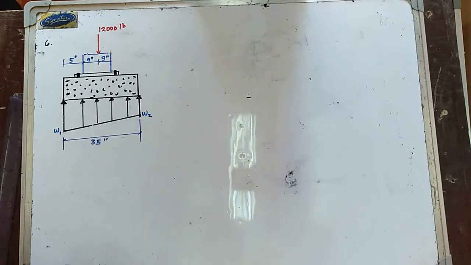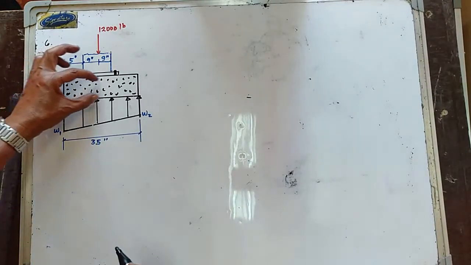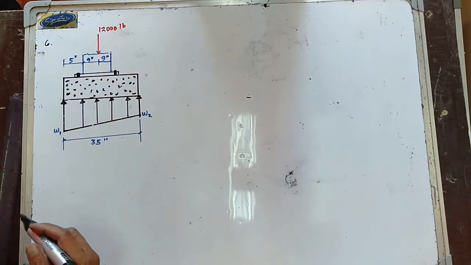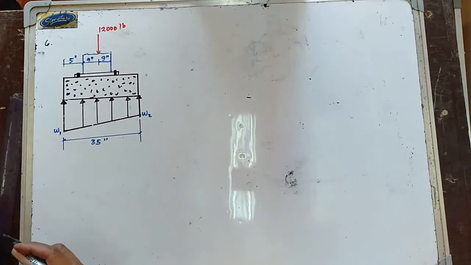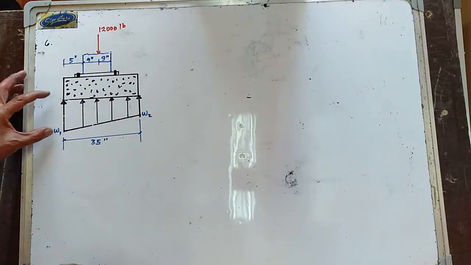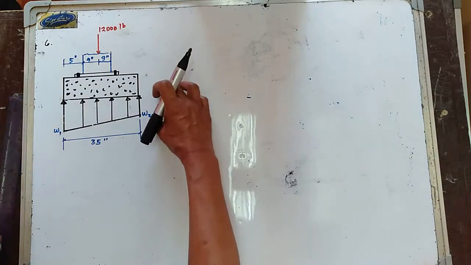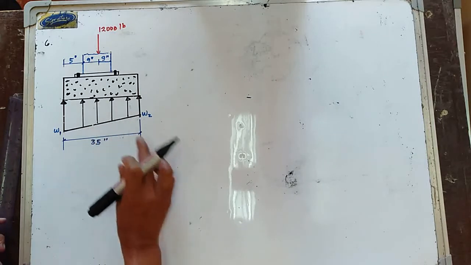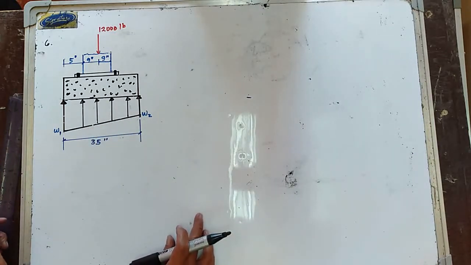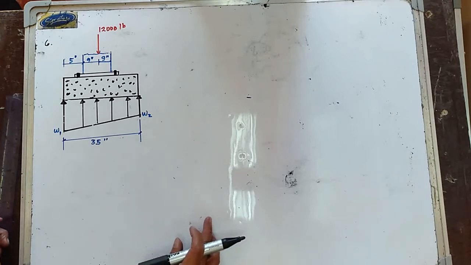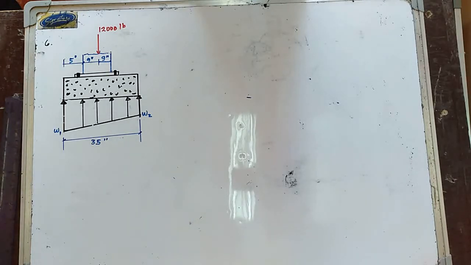So we have problem number 6. The wall footing is used to support the load of 12,000 pounds. Determine the intensities W1 and W2 of the distributed loading acting on the base of the footing for equilibrium.